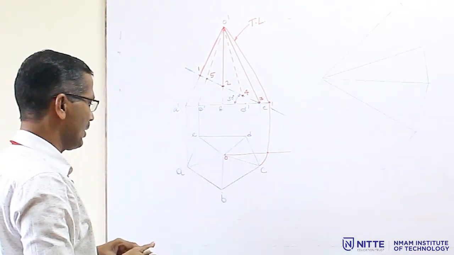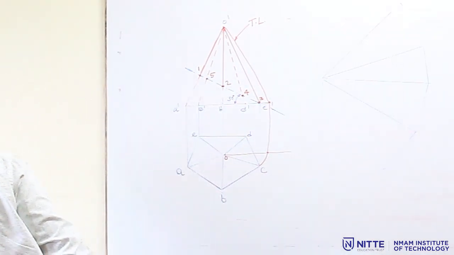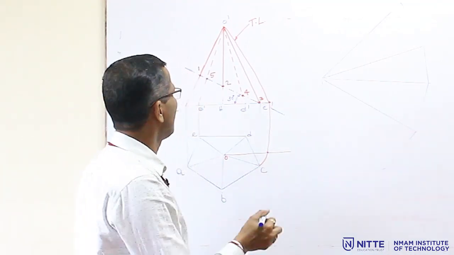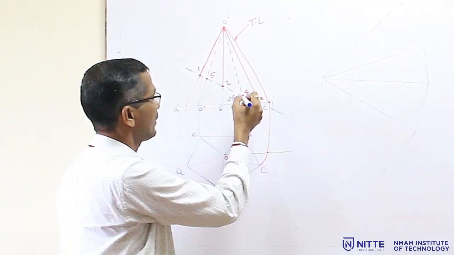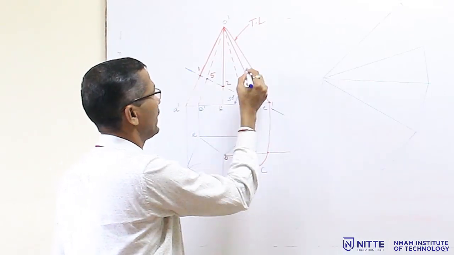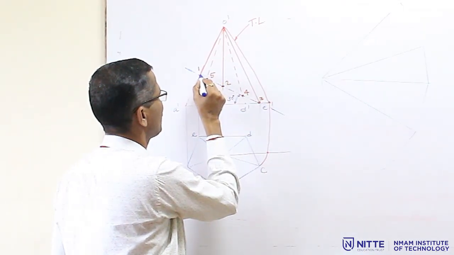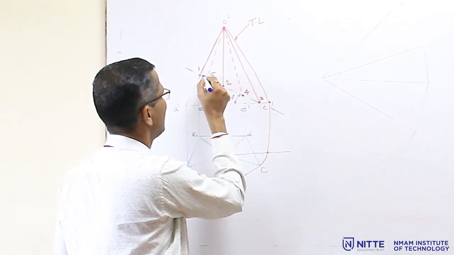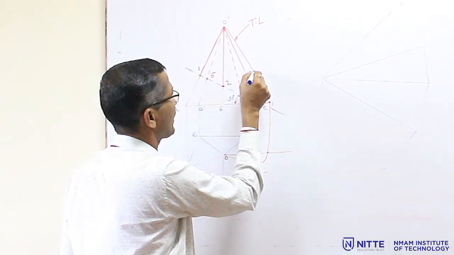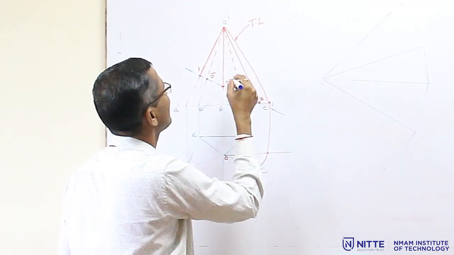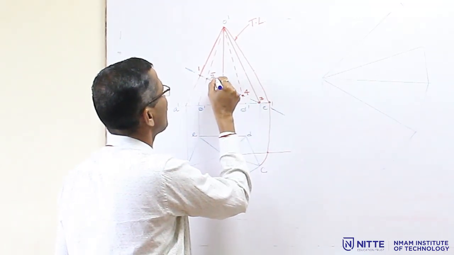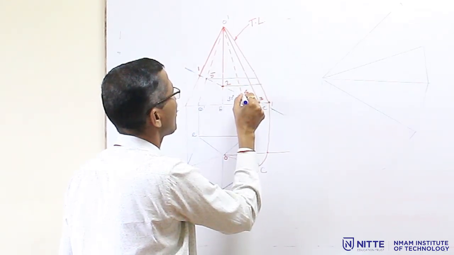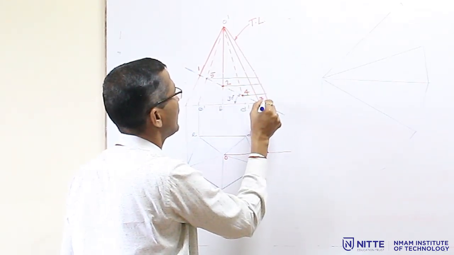Now, all these section points, 1, 2, 3, 4, 5, which you marked here, you have to transfer to the true length just by drawing parallel lines like this. Draw one parallel line like this, then from 5 one more parallel line, from 2, from 4, and this is 3.